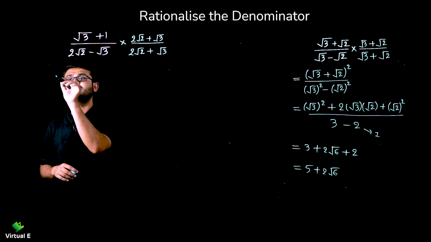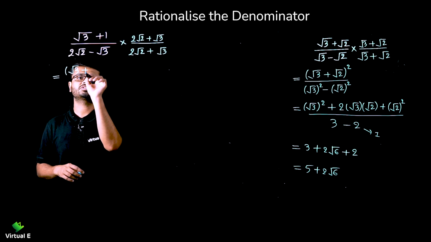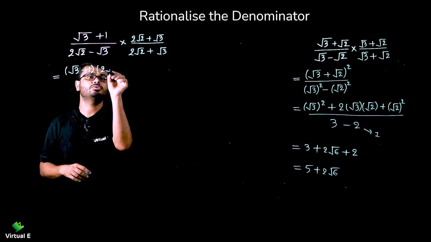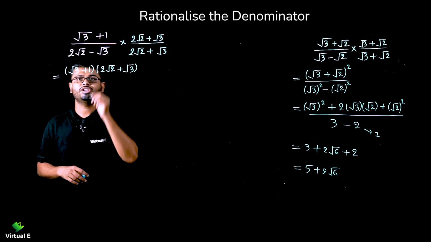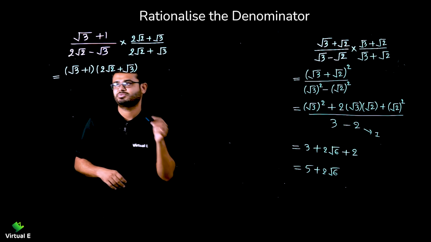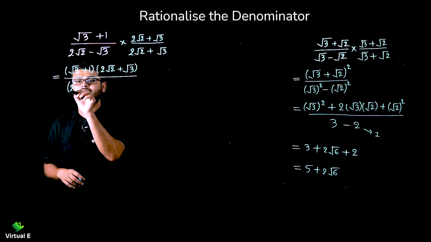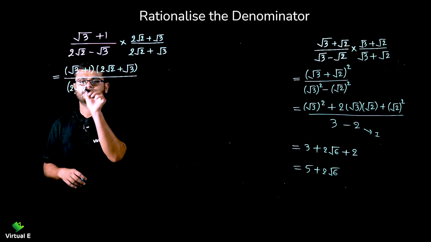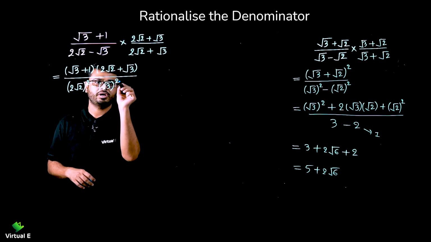Okay, now let's start with the multiplication. Here we have root 3 plus 1 and 2 root 2 plus root 3. So in the numerator there is no identity like the previous one, so we need to find the product. And in the denominator we can write (2 root 2) square minus (root 3) square.